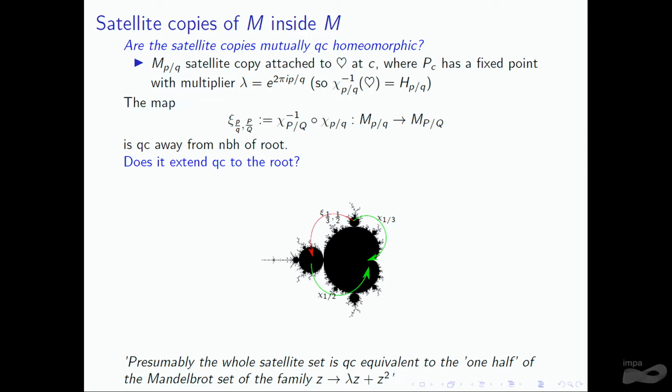But why is it important? Because if they are all QC to this one, it means that they are all QC to each other. So this was the feeling that people had.